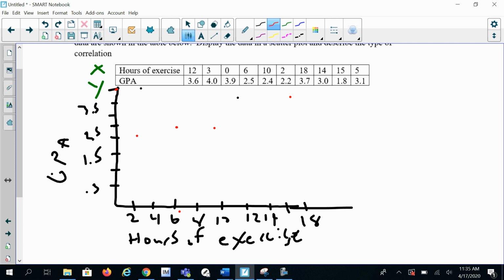So maybe here. 14, 3.0. So here. 15, 1.8. Here. And 5, 3.1.